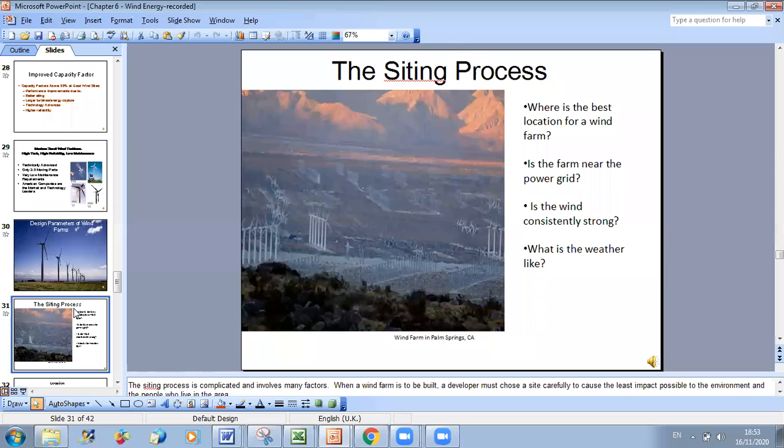First, we should have a zone where we have high wind speeds. Second, we should look at a zone that is far from a population, because we want to avoid noise, and we need to have a large space available, because as we have seen, we need a large number of wind turbines to produce sufficient power.